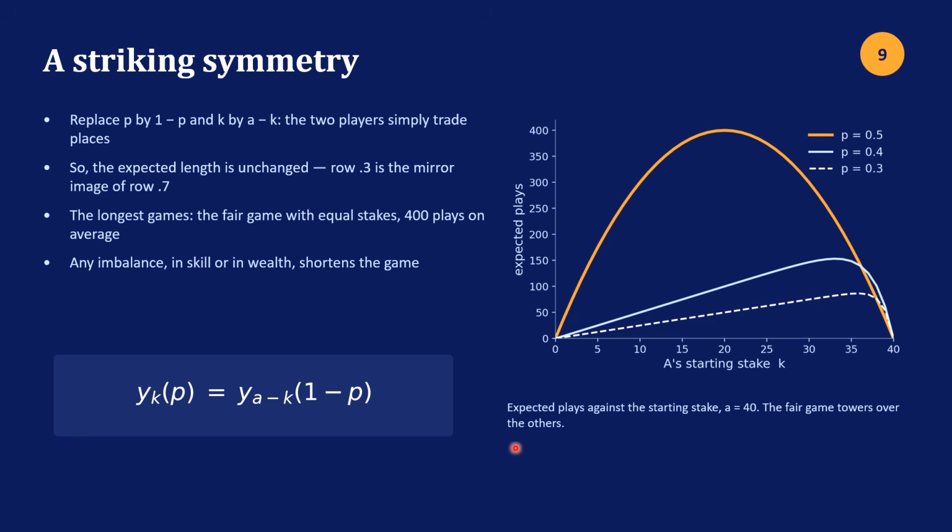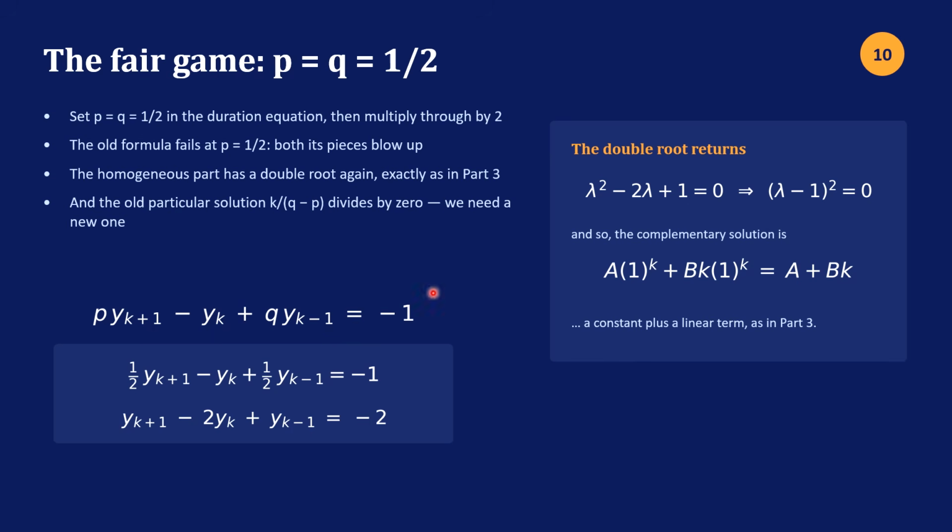Okay, so that was it for the case where P does not equal Q. We still have to look at the case where P equals Q in terms of the formulas. I gave you the results, but I didn't do the formulas yet. So we'll do that on the next slide. So let's look at the case where we have a fair game.